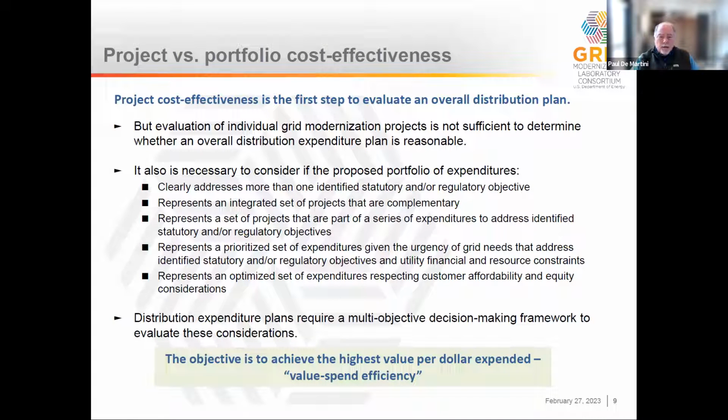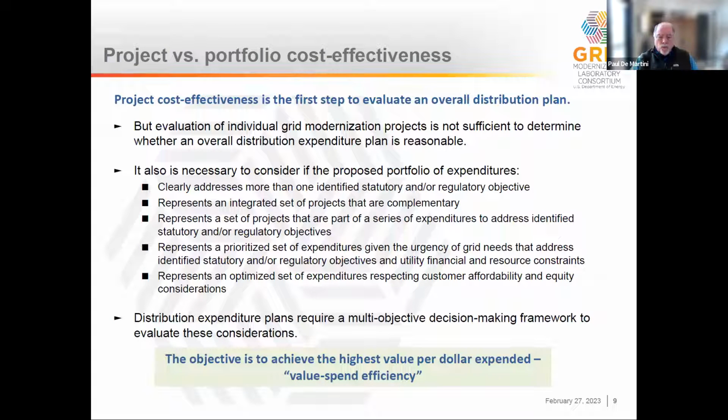And here, I'll talk more in the next slide, is really looking at a prioritized set of expenditures that are aligned to the urgency of the grid needs, that address any statutory or regulatory objectives that have been established, within the potential constraints that exist for that utility, and obviously for consumer and equity considerations.